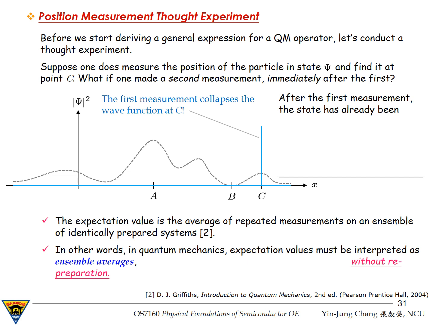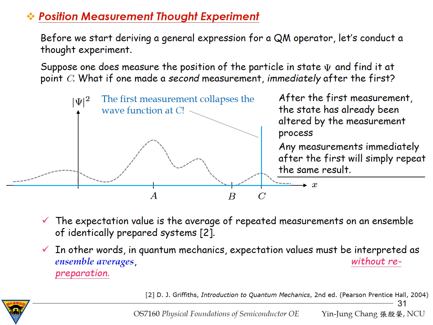The key idea is that the first measurement collapses the wave function at point C. That means once the particle has been found at point C, the state is no longer described by the original spread out wave function in the same way. Instead, the act of measurement changes the state.